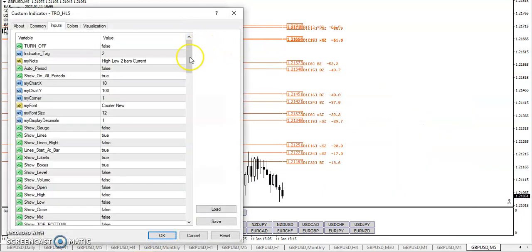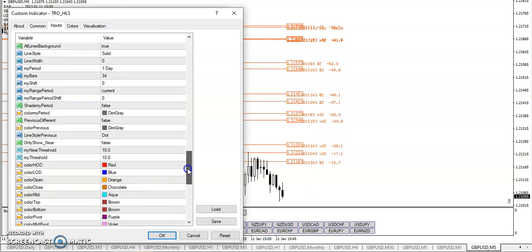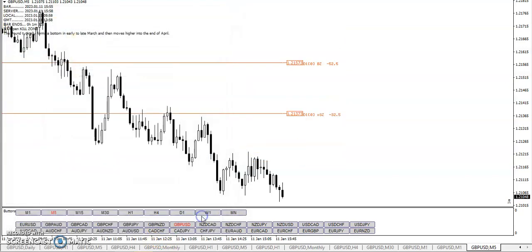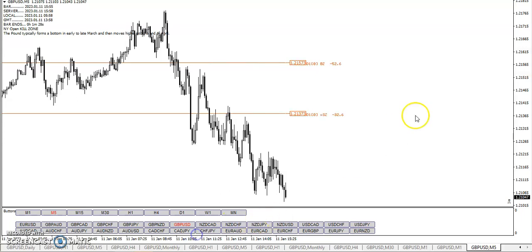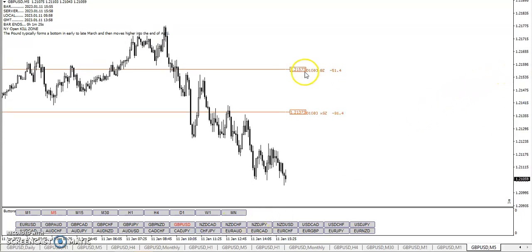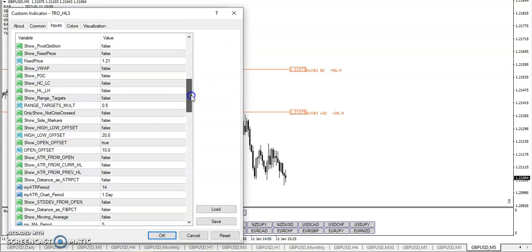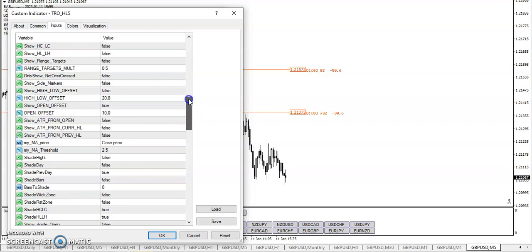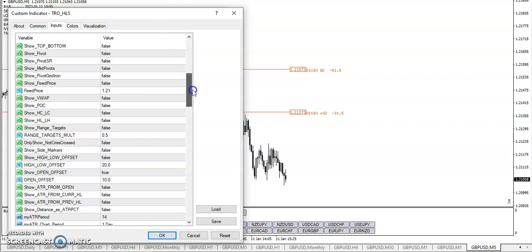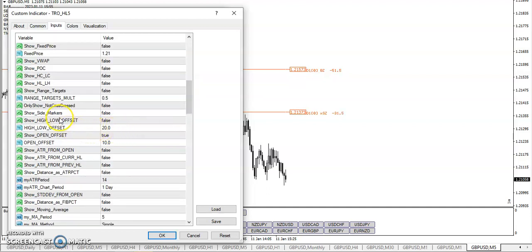Except we need to change this back. And so there's your buy zone line. There's your short zone line. Now you can see it's crossed below that short zone. And that's the open offset.